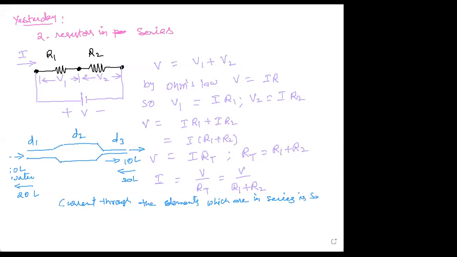This is the important matter here, you must understand. This is important. Current through the elements which are in series is the same, right?